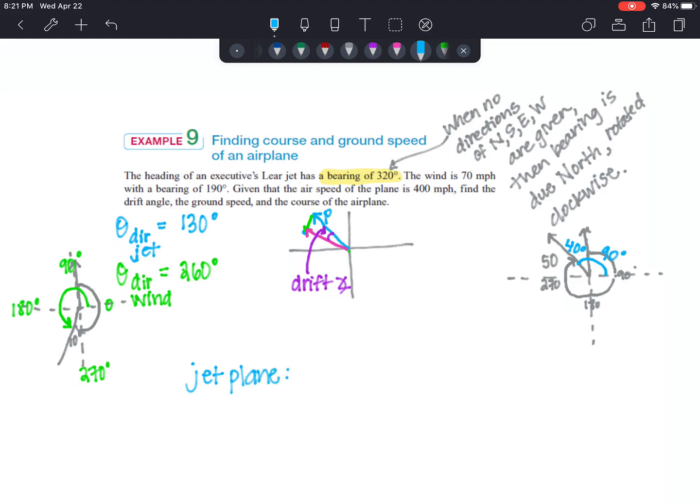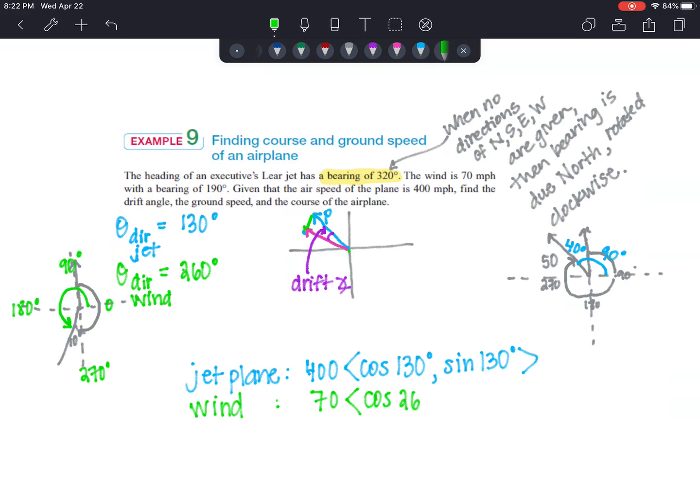The vector of the jet plane is 400 for 400 miles per hour, and then the cosine of 130 degrees, comma, sine of 130 degrees. And the wind vector is 70 miles per hour, and our direction is 260 degrees. Okay.